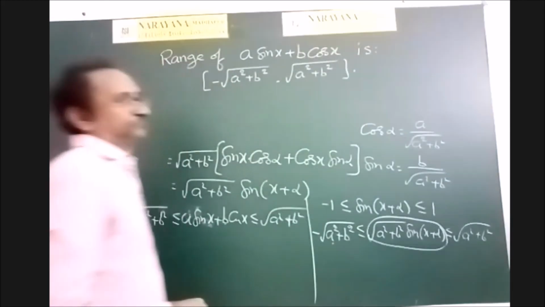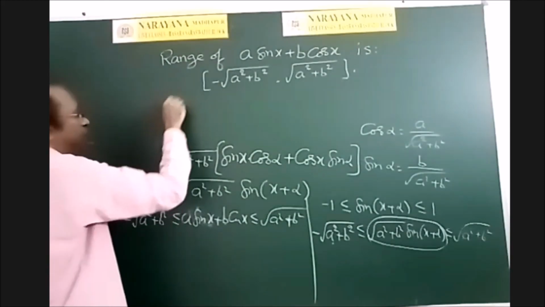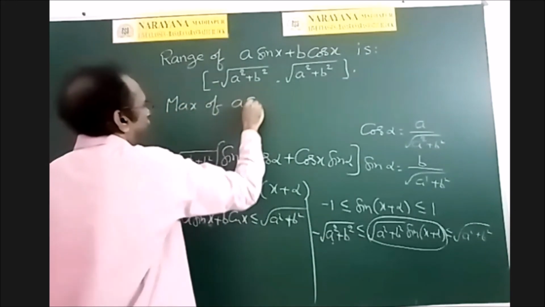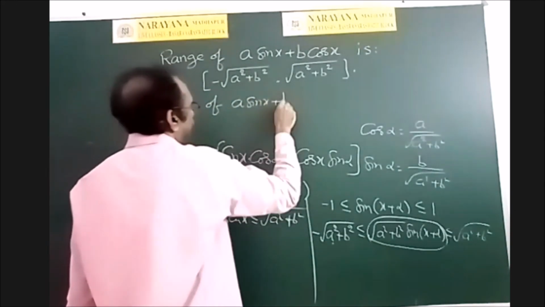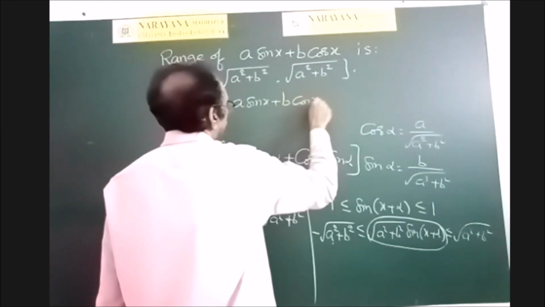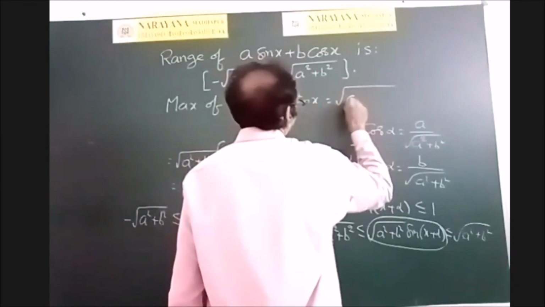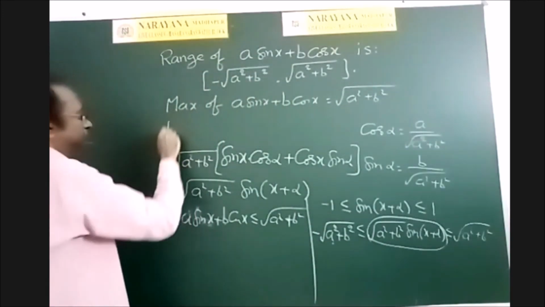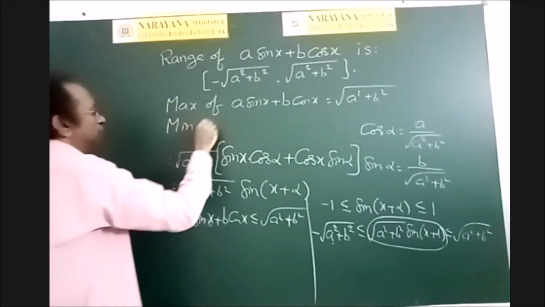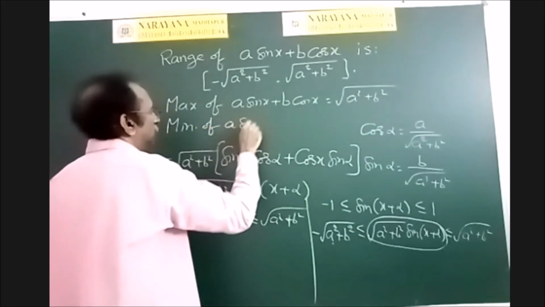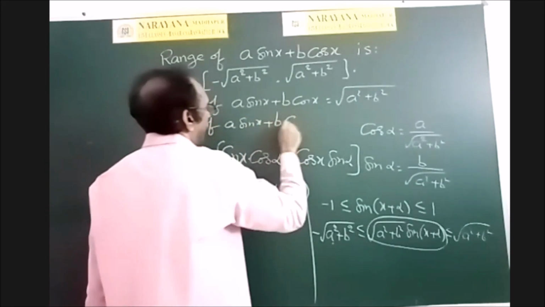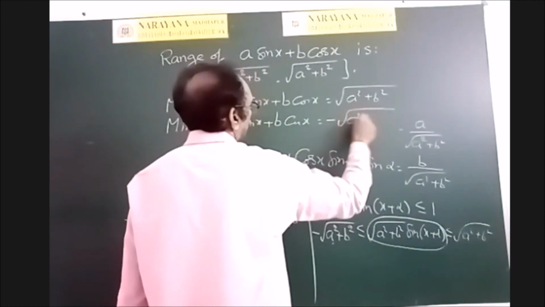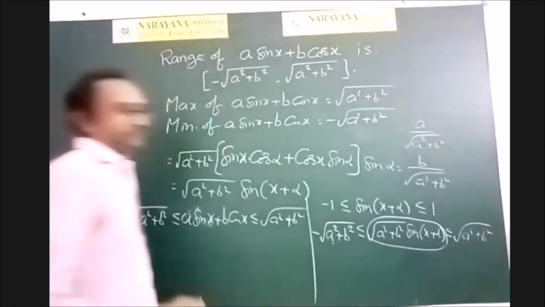And what is the maximum value? So maximum of a sin x plus b cos x means root a square plus b square. And what is the minimum of a sin x plus b cos x? Minus root of a square plus b square. Okay.